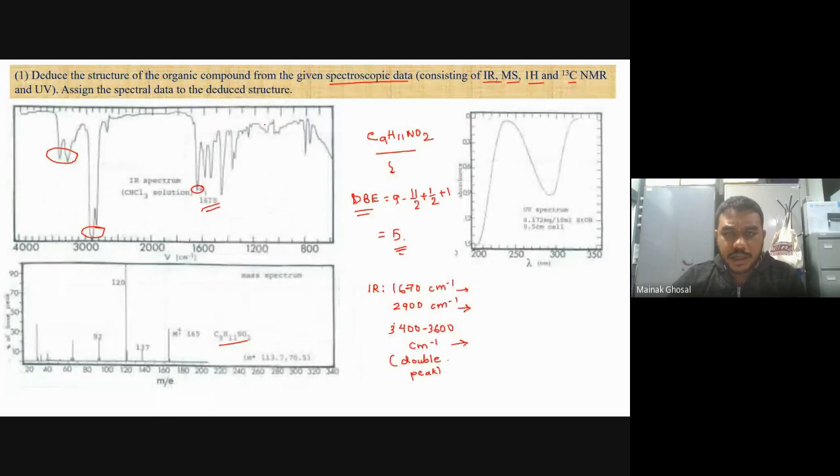Now, I have not talked about UV that much. For now, just remember that this transition at 230 or 240 corresponds to an aromatic ring. So this is an indication that an aromatic ring is present in the molecule. You will also get more evidence for the aromatic ring when you count the number of signals.